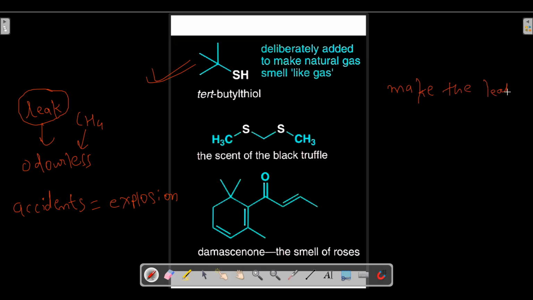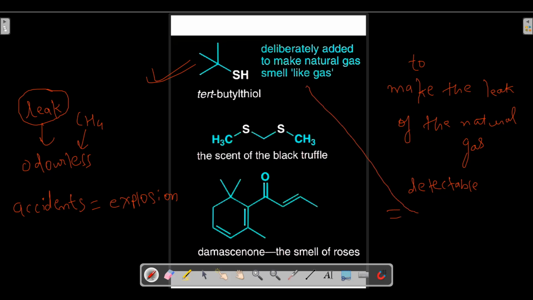to make the leak of the natural gas detectable, this compound is added.